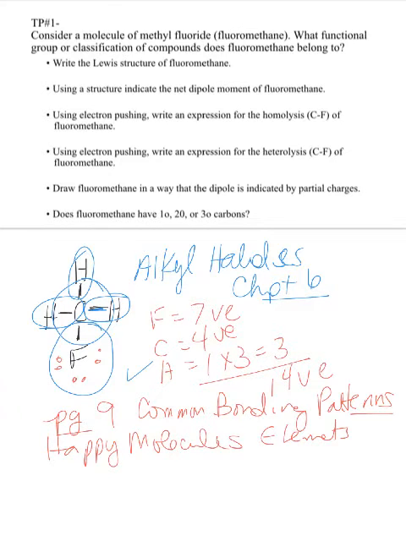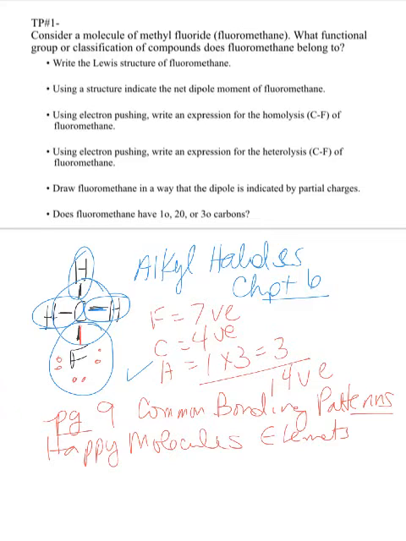On page 9, you see that carbon forms 4 bonds and 0 lone pairs. That's when it doesn't have to be charged. Nitrogen forms 3 with 1 lone pair, oxygen 2 with 2 lone pairs, hydrogen 1 and 0 lone pairs, and your halogens form 1 bond with 3 lone pairs. So you can see fluorine is a halogen, and it forms 1 bond and it has 3 lone pairs. Carbon has 4 bonds, 0 lone pairs. Hydrogen has 1 bond, 0 lone pairs. You have to be quick and really learn how to write these Lewis structures.